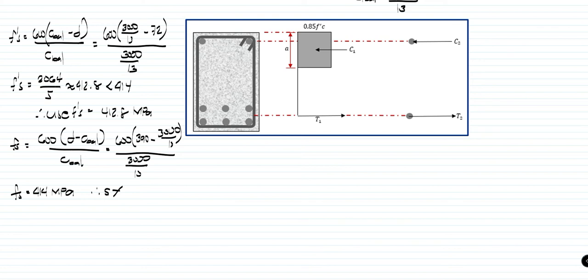Now, going back to our static equation, we will use C1 plus C2 is equal to T, since this beam is proven to be a doubly reinforced beam.